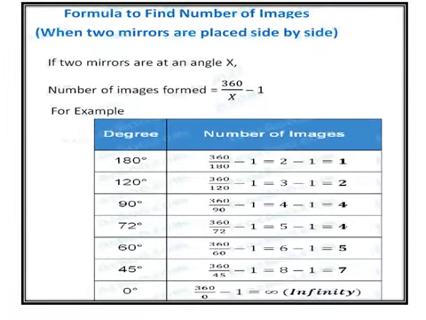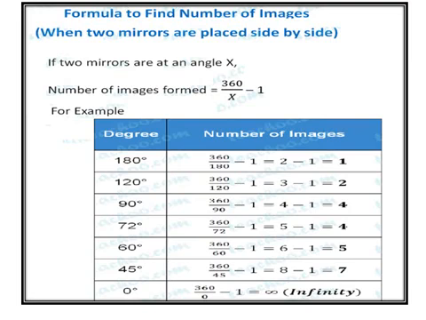Now let us calculate using the formula how many images are formed when the mirrors are kept at an angle. Here theta is represented as x. So n = 360/x - 1, where x is the angle formed between the two mirrors.